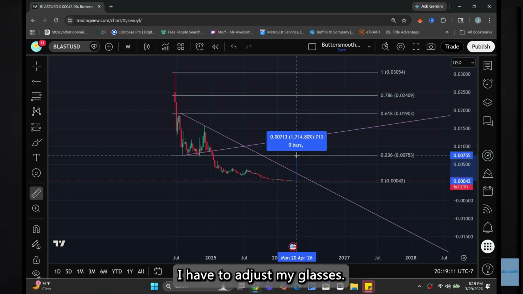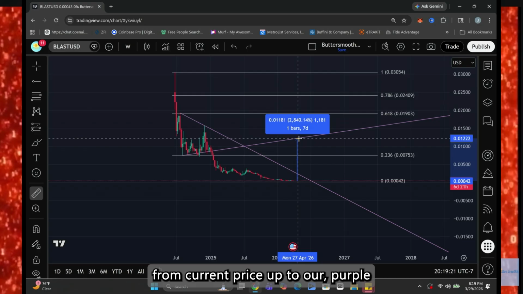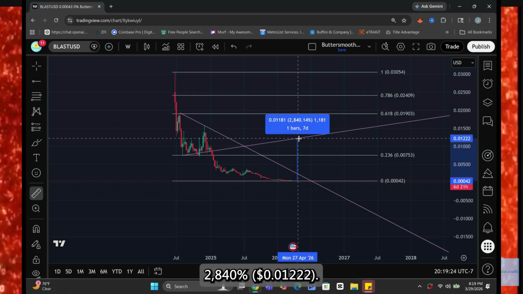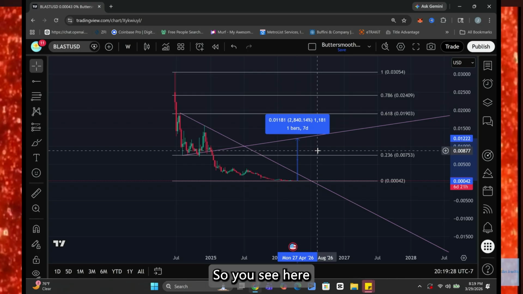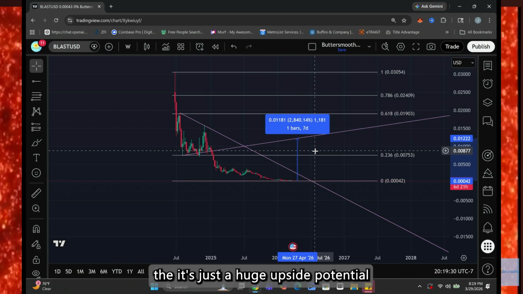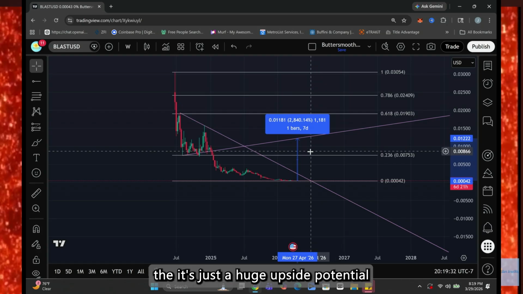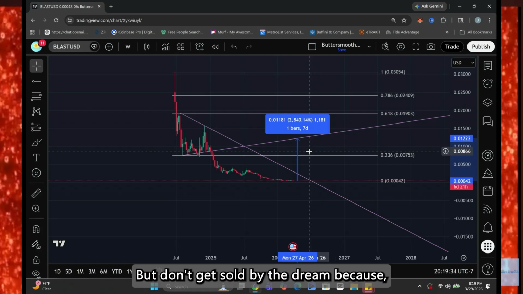I have to adjust my glasses. I wasn't expecting that from the zero movement to the 236. From current price up to our purple trend line, 2,840%.